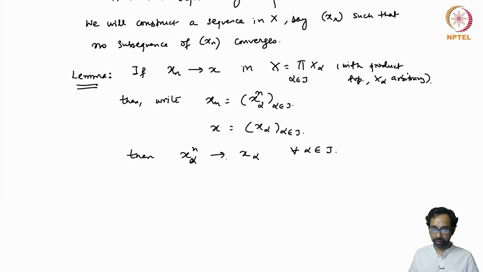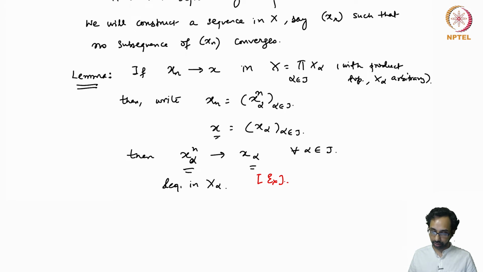This just means that if you have a sequence of J-tuples, then each of the coordinates gives you a sequence. This is a sequence in X alpha, and it converges to x alpha, which is the alpha coordinate of the point of convergence x. This is actually not very difficult, and I will leave it as an exercise.